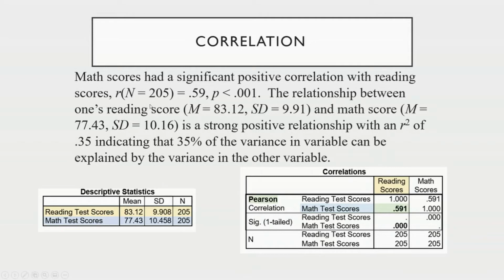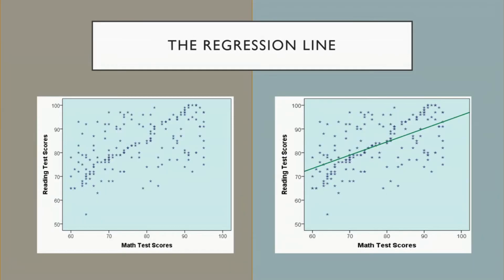The relationship between one's reading score and math score is a strong positive relationship with an R-squared of 0.35, indicating that 35% of the variance in one variable can be explained by the variance in the other variable. I left out a word there. Sorry about that. Now let's see what this looks like. First, let's look at the regression line.